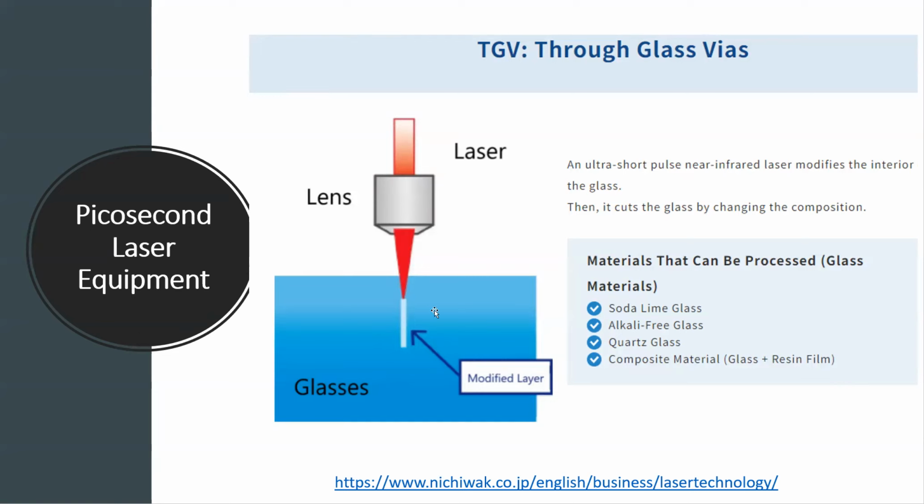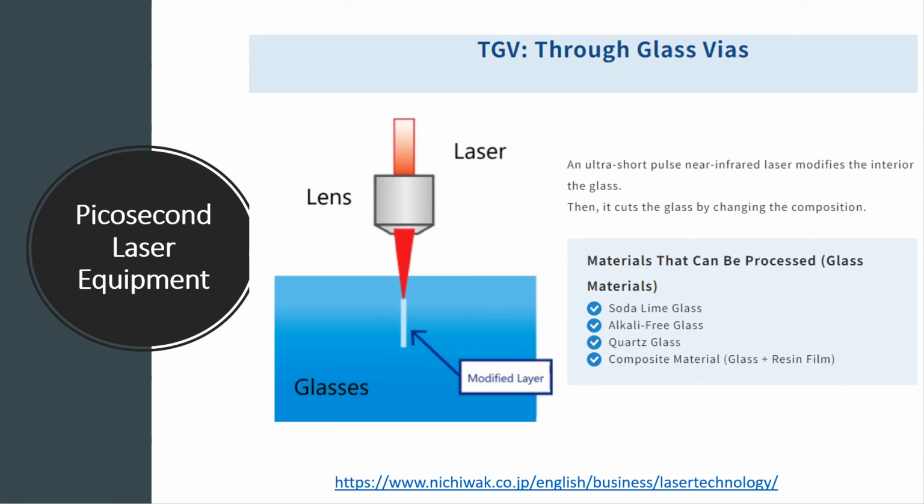The picoseconds are doing a better job these days. And they are ultra short pulse, and they are near infrared lasers. They go into the interior of the glass and then modify the interior. And it cuts the glass by changing the compositions. So that's what this Nichiwa company's laser can do.